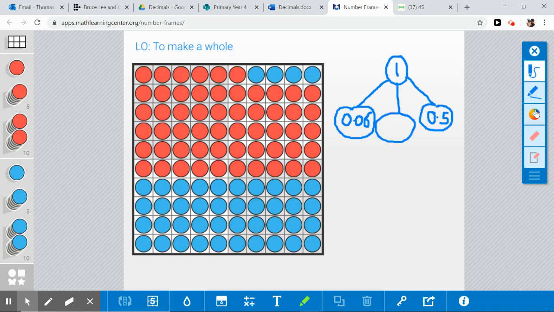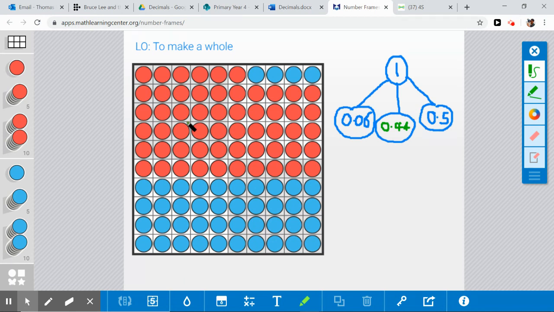So my answer was 4 tenths and 4 hundredths. Now, if we add all these together, they will make one whole one.